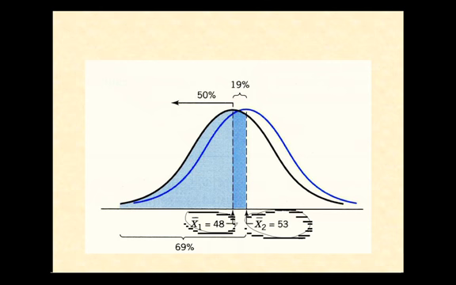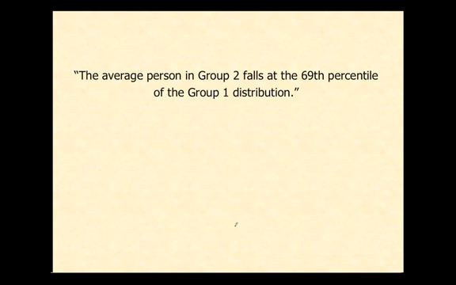Another way to say this is the average person in group 2 falls at the 69th percentile of the group 1 distribution, or the person at the 69th percentile in group 1 falls at only the 50th percentile, or the average value, of group 2.